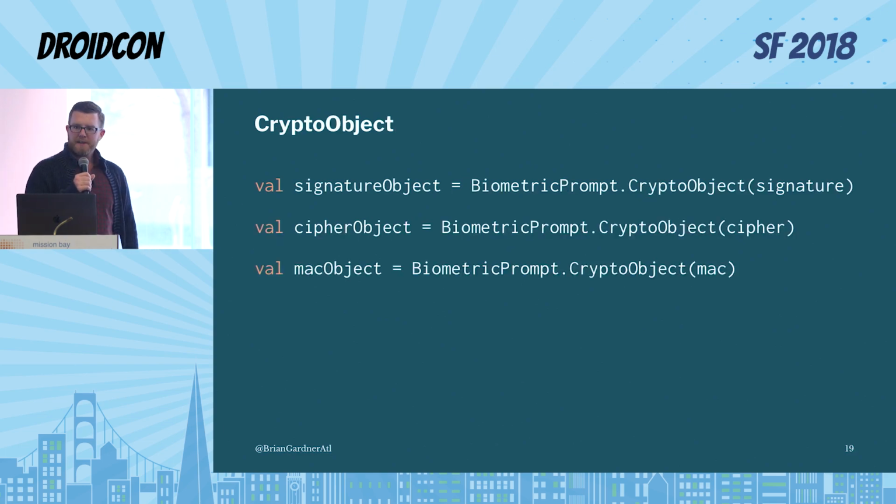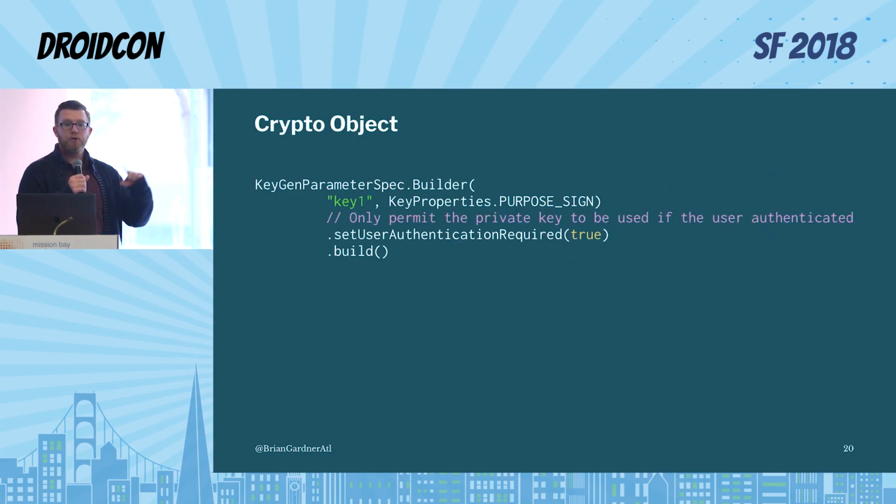Now the crypto objects, again, this is more of an aside. It's not the main track here, but I'll show it anyway. The crypto object is part of the biometric prompt. It's like a subclass of biometric prompt, and it basically just wraps another cryptography object. So you've got signatures, ciphers, and MAC objects. And this comes into play when you create these objects.